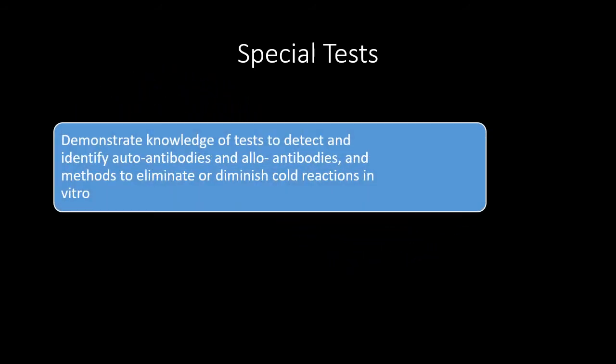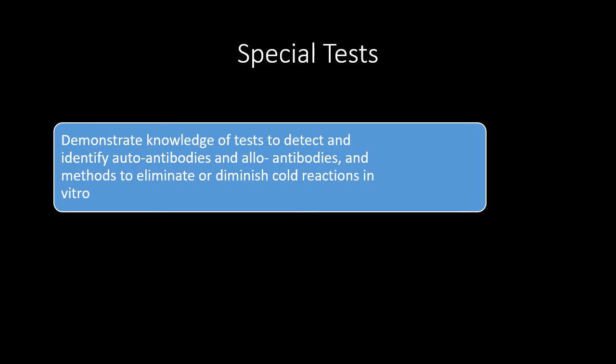The next portion of this presentation that we have to deal with is special tests. Part of the goals when it comes to the boards is that the student must be able to demonstrate knowledge of tests to detect and identify autoantibodies, antibodies to self, and alloantibodies, foreign antibodies, and methods to eliminate or diminish cold reactions in vitro.